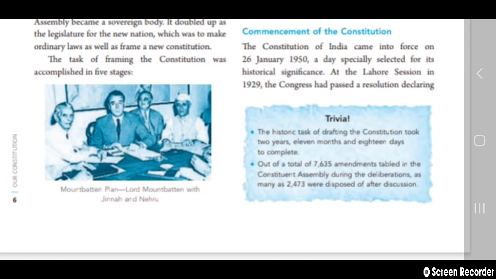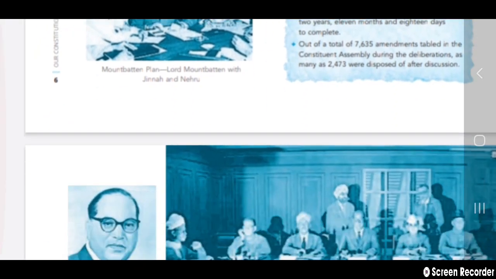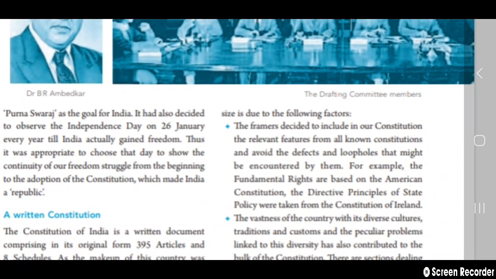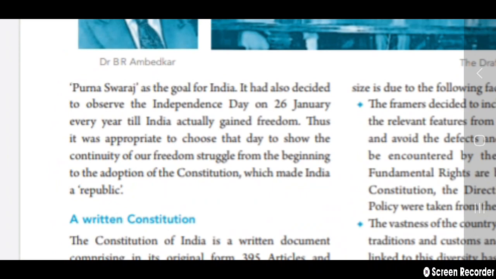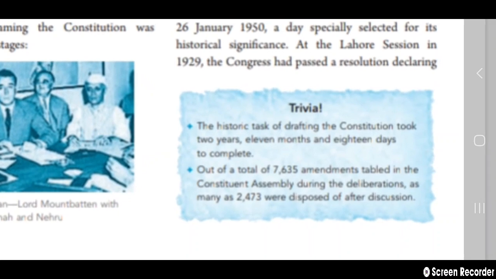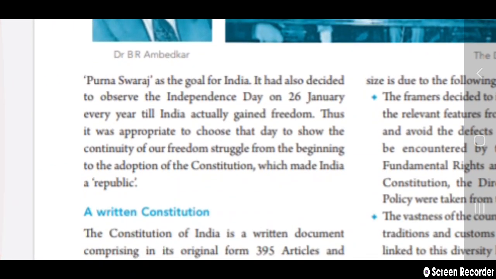At the Lahore session in 1929, the Congress passed a resolution declaring Purna Swaraj as the goal of India, and it also decided to observe Independence Day on 26 January every year till India actually gained freedom.